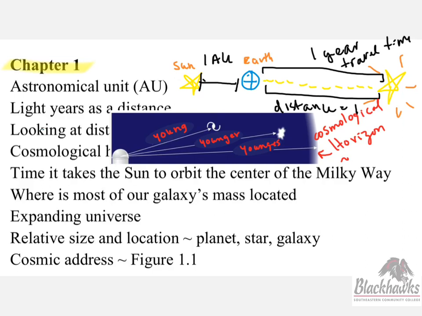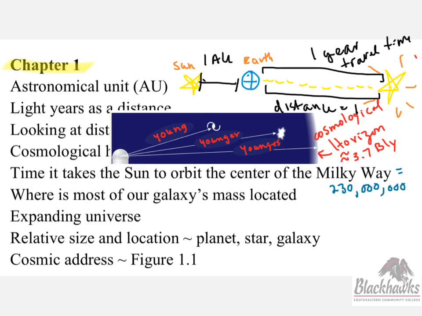That's getting to something called the cosmological horizon. There has not been enough time that our universe has existed for light to get to us from that point.